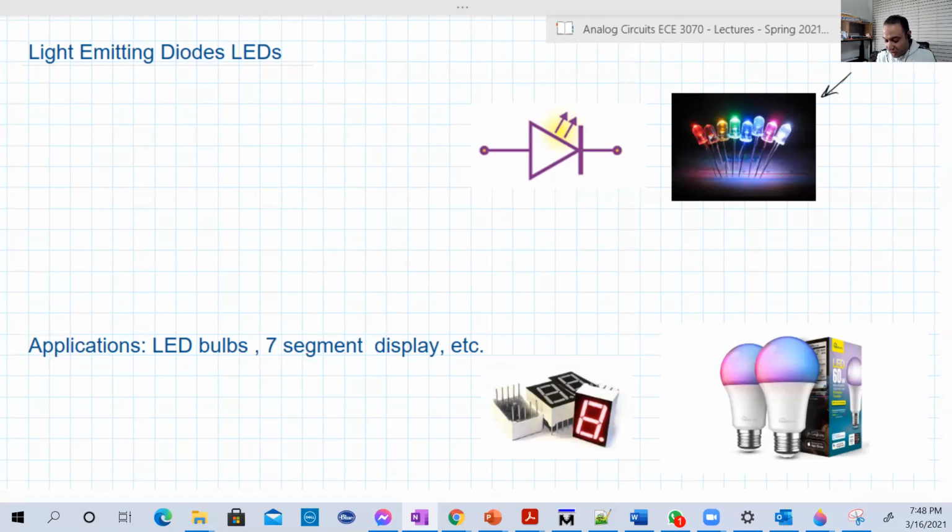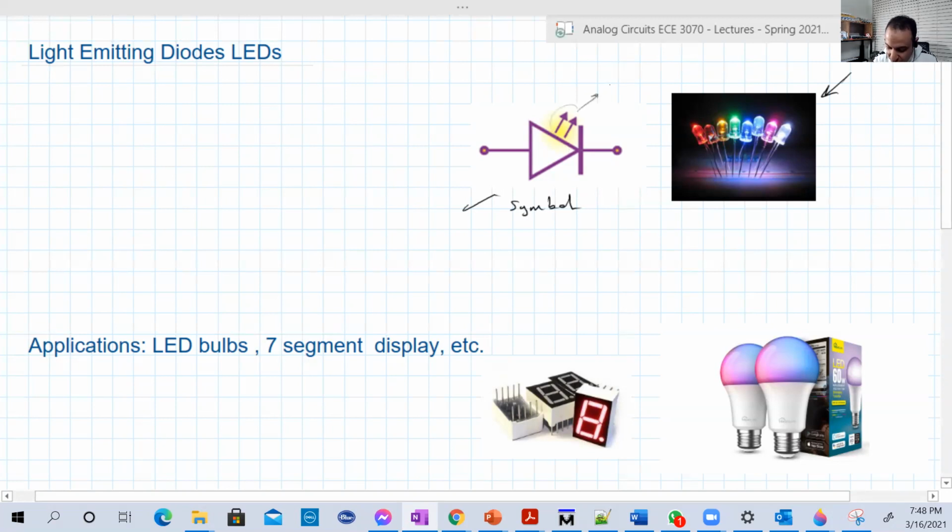So you can get not just visible light, but even non-visible light, like infrared or ultraviolet. Here is the symbol for it. It's a very simple symbol, because it's just a normal diode with two arrows to show you that it emits light.